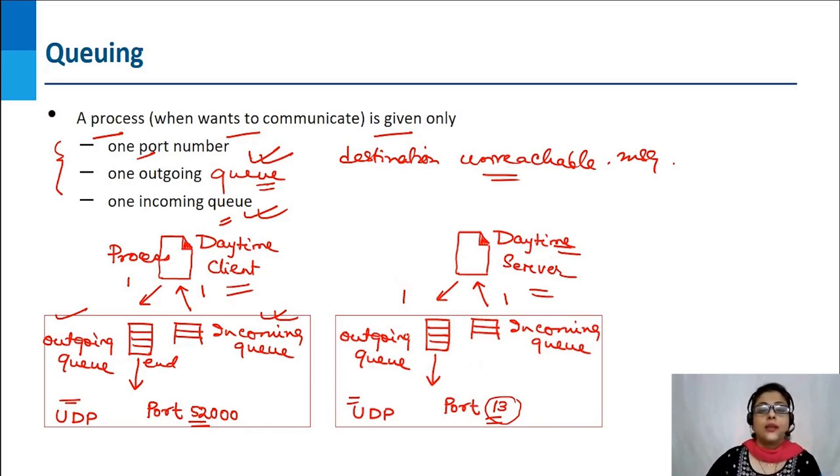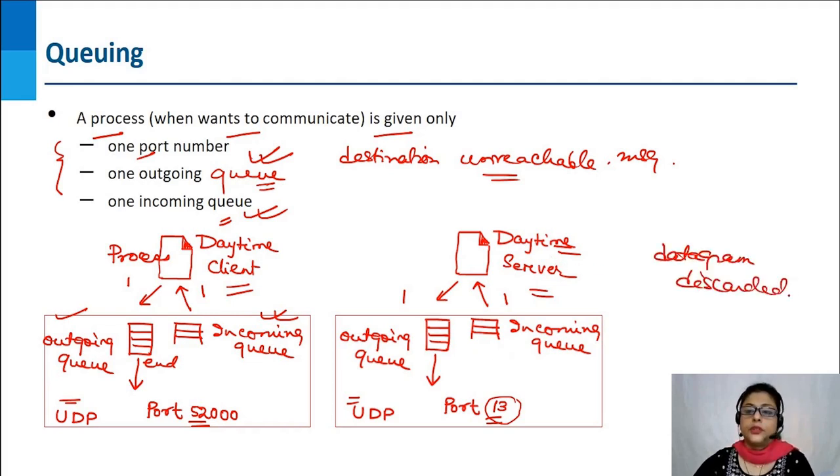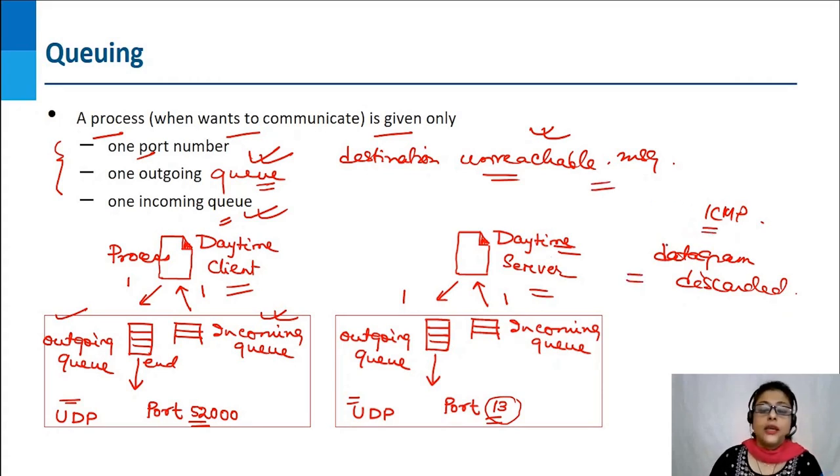Similar to the client process, if for any incoming data it finds that there is no queue, then the data will be discarded. And then it will ask the ICMP to send destination unreachable message. Similarly, if the queue gets overflowed, then also the destination unreachable message will be given by the ICMP protocol and the particular datagram will be discarded.